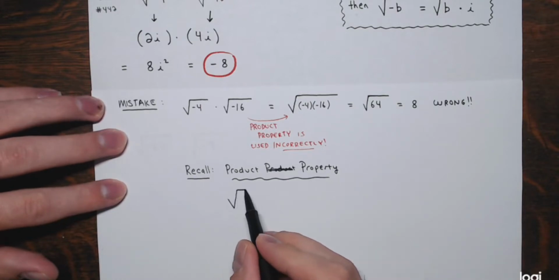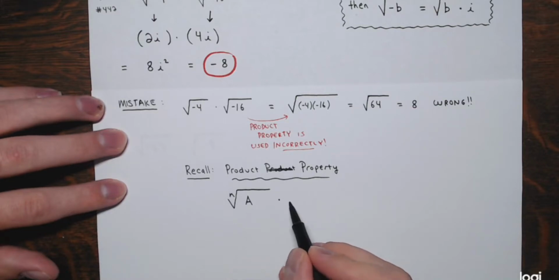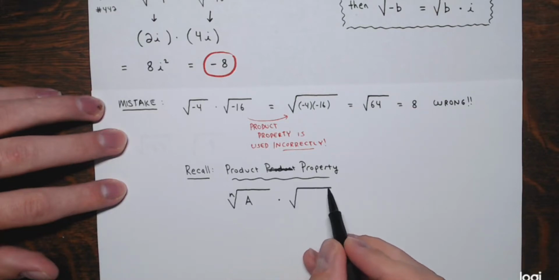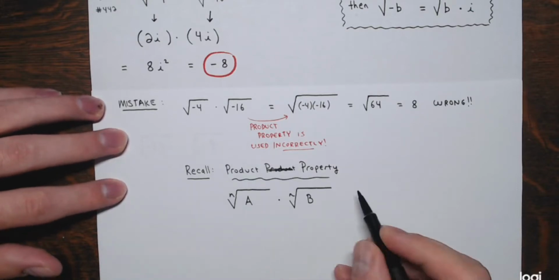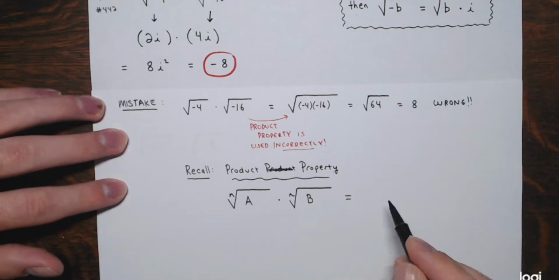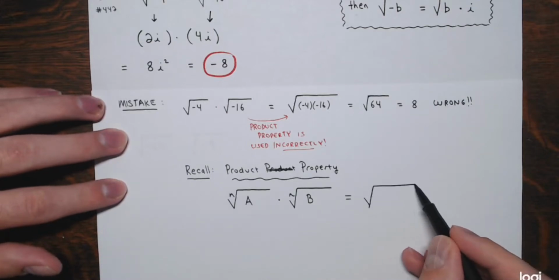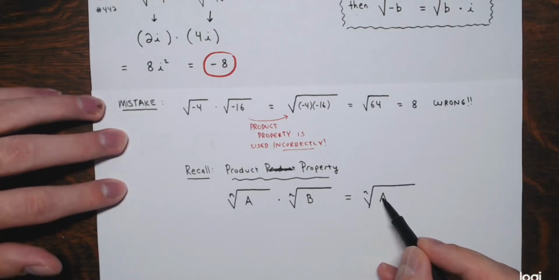If you take an nth root of a number, multiply it by another nth root, say the nth root of a times the nth root of b, this would be equal to the nth root of a times b.